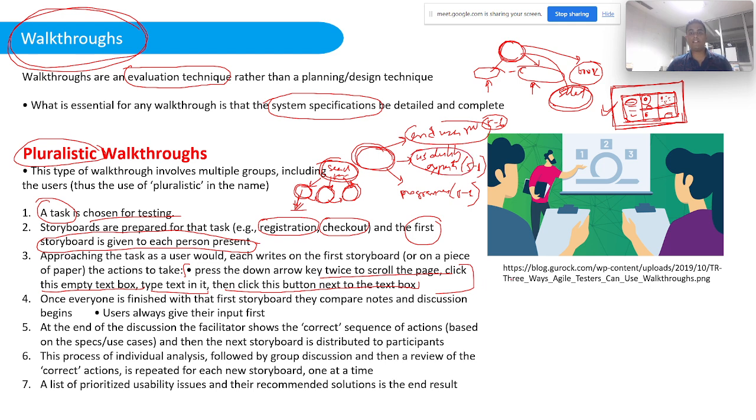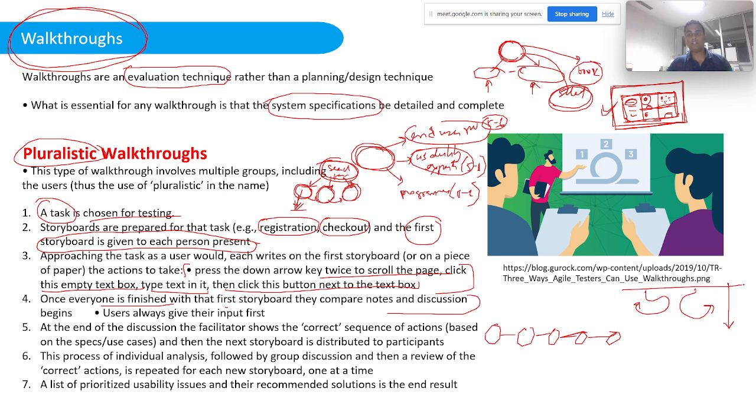Okay, so once everyone has finished their task analysis, then they do a group discussion. At the end of this group discussion, they try to analyze what should be the correct sequence of actions. Probably one person does this differently, one person does this the other way, one person gets the most optimized path.